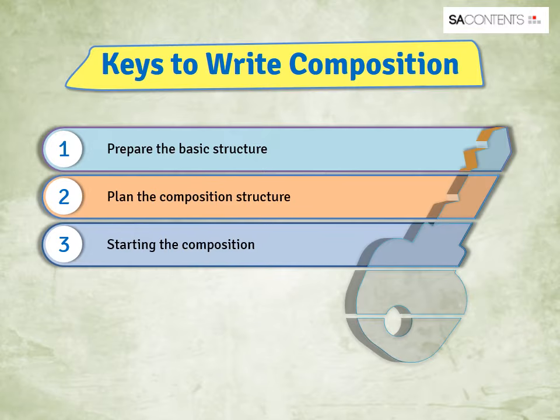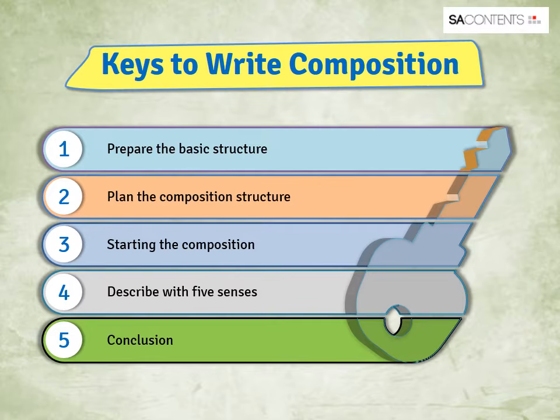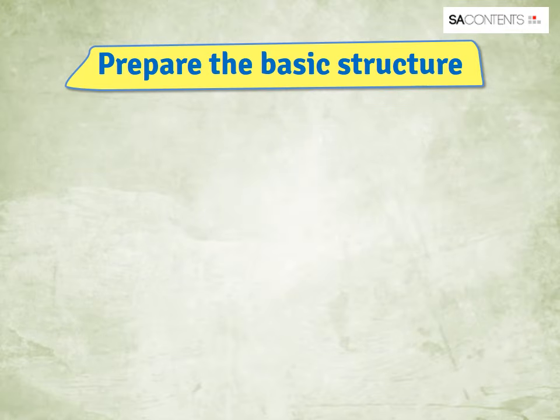So you have to start the composition in a very attractive manner. Describe with 5 senses. When you look at the picture for which you are supposed to write the composition, you have to use all your 5 senses. How? We will tell you. And then conclusion. Conclusion would involve your own opinion and your ideas. The first element, as I said, was prepare the basic structure.